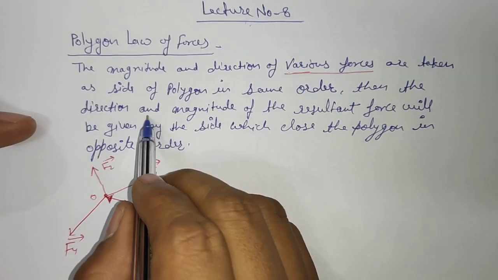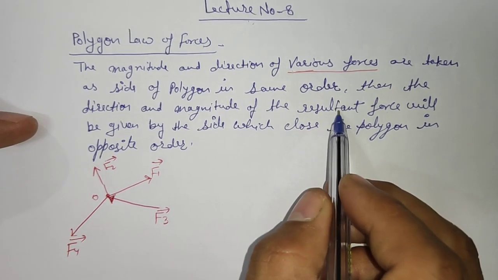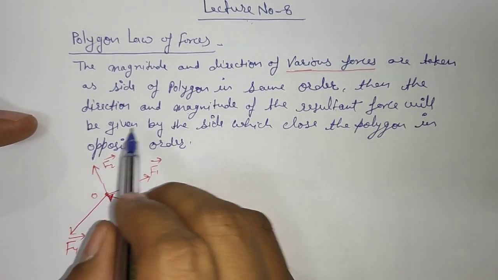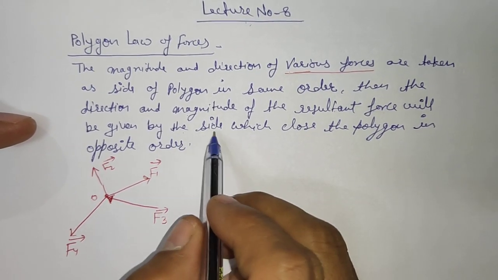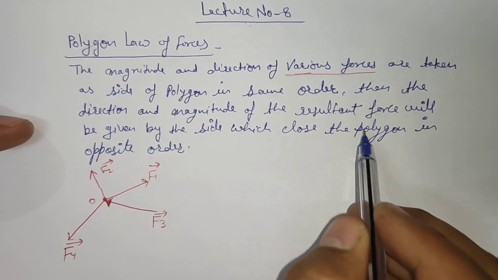Then the direction and magnitude of the resultant force will be given by the side which closes the polygon.